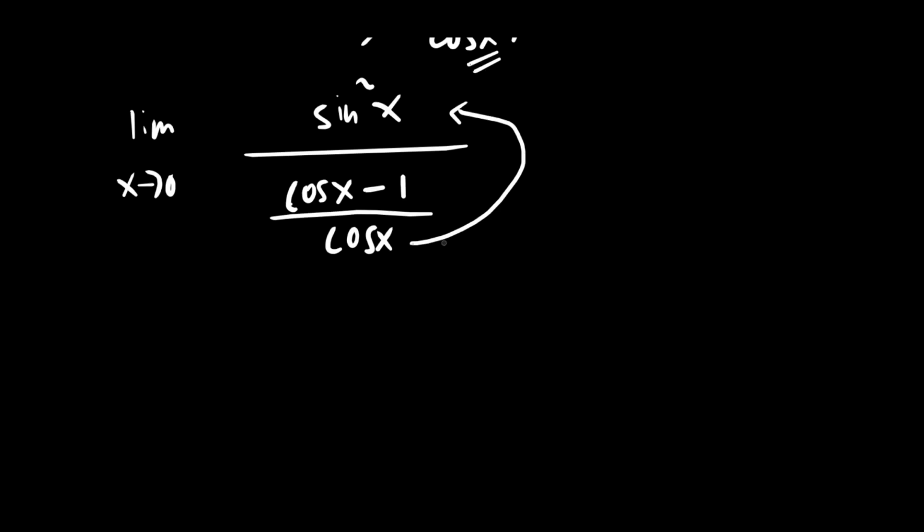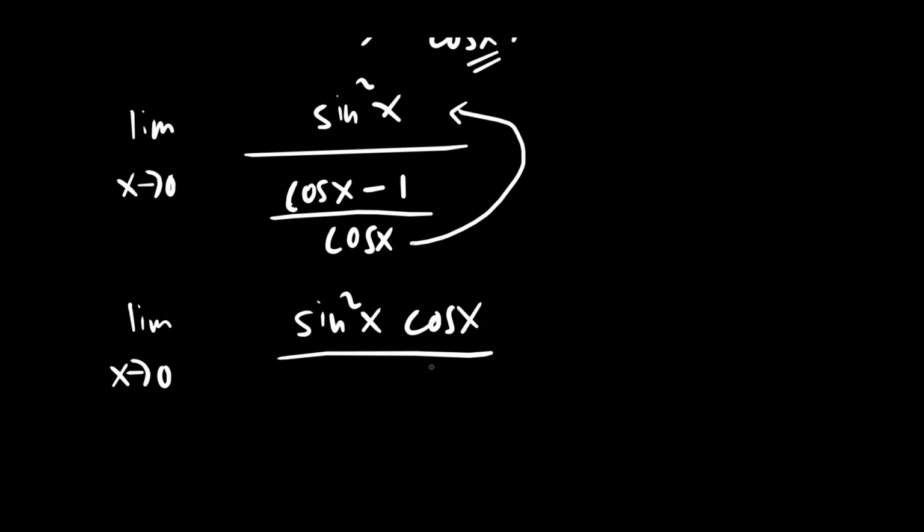So this will be limit as x approaches 0 of sine squared x cosine x all over cosine x minus 1.